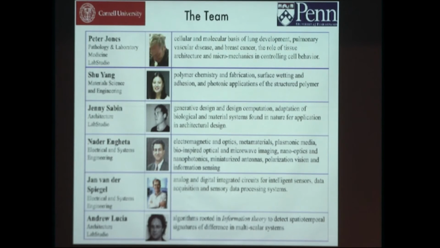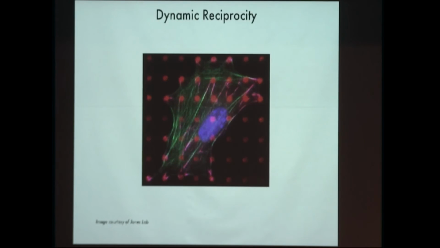It includes cell biologists, material scientists, myself and my graduate and undergraduate architecture students, systems engineers, as well as other architects as consultants. Now, this dynamic reciprocity, which I mentioned previously, is really at the crux of our starting point.